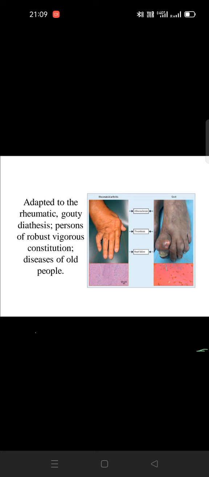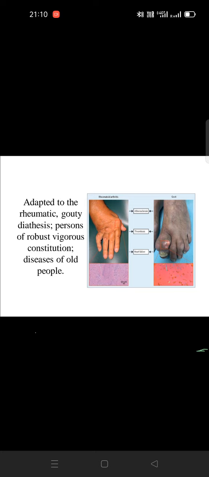And what is rheumatic and gouty diathesis? You can see in the picture. In the first picture, there is a hand. In the hand picture, you can see a zigzag deformity and tubercle formation over the fingers.